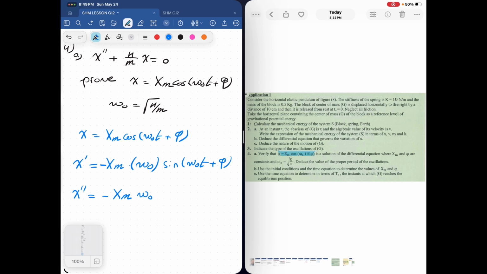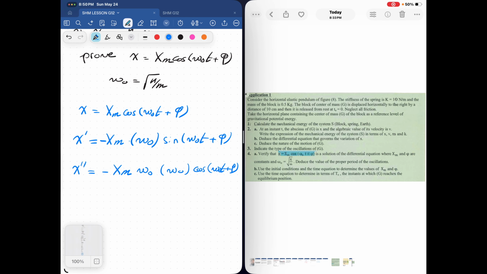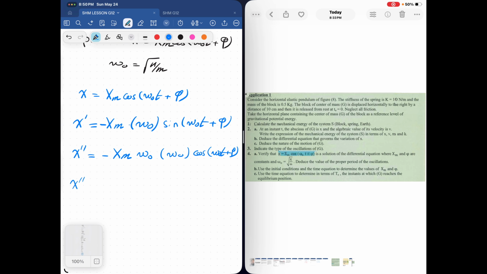Again, the derivative of w0t is also w0 cosine w0t plus phi, and so x double prime is equal to minus xm w0 squared cosine w0t plus phi.